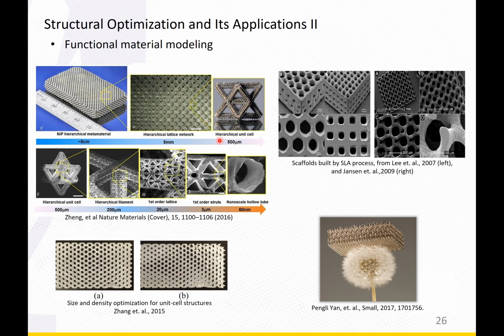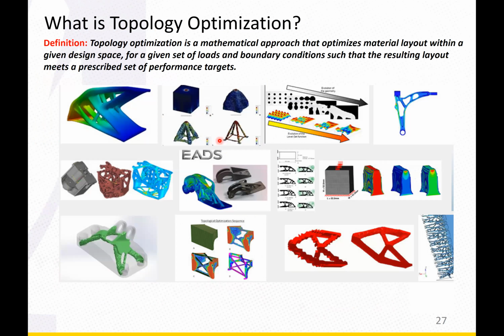Material people utilize their experience, and they know what kind of structure or shape could give you what kind of material properties. But for other people, that's not possible for them to figure out how to design them, right? Even for material scientists, it's still quite challenging by purely using their experience. So if there's some computational tool like topology optimization or a generative modeling tool, that will be a great help to them. And what is topology optimization?